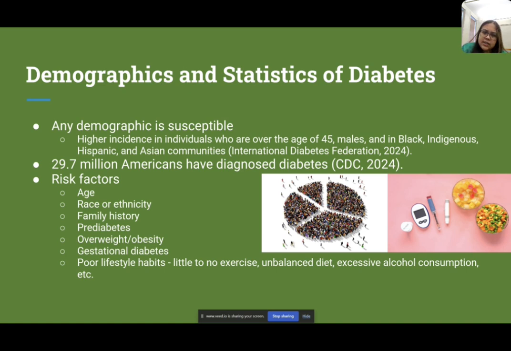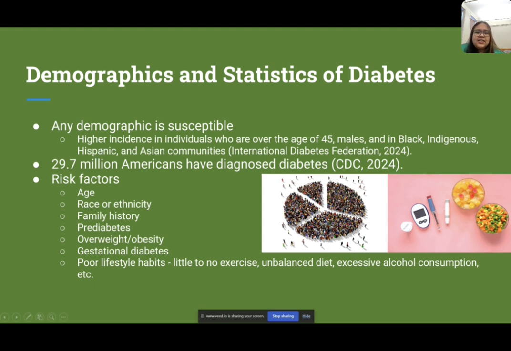Now, the demographics and statistics of diabetes, really quickly: anyone can become diabetic. I noticed in elementary school there was a child who had to go to the nurse and get insulin pens every few hours, I believe, and that pertains to different classes of diabetes.